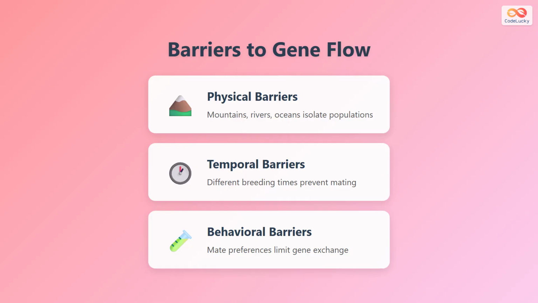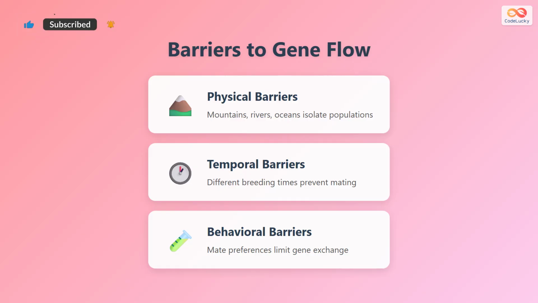Despite the prevalence of gene flow, certain barriers can prevent or limit it. Physical barriers like mountains, rivers, and oceans can isolate populations by making migration difficult or impossible. When populations cannot physically reach each other, gene flow stops. Temporal barriers occur when populations breed at different times of the year or day, preventing them from mating even if they occupy the same area.